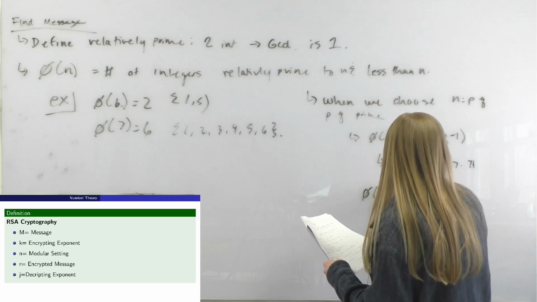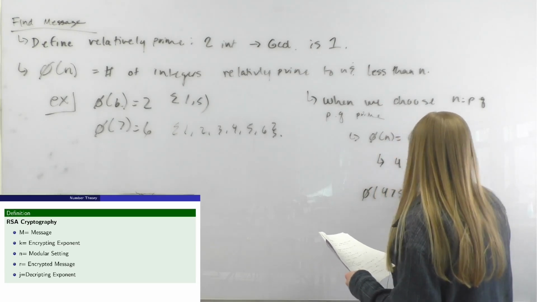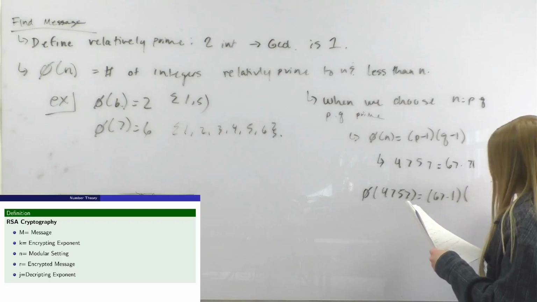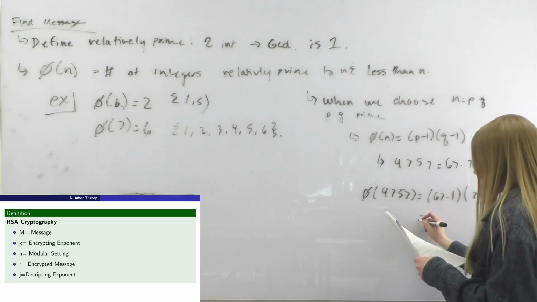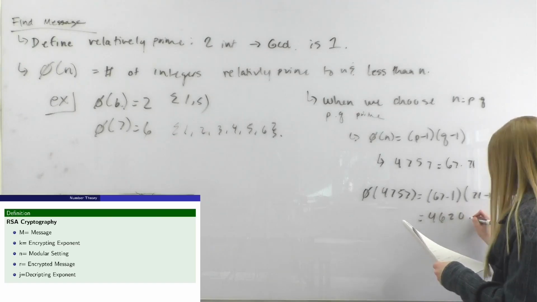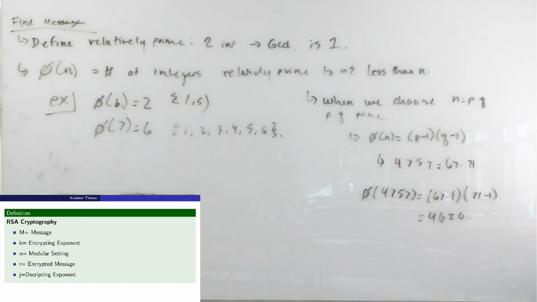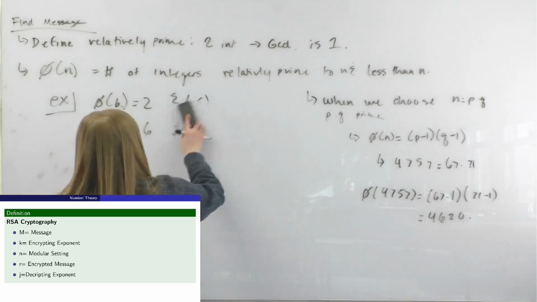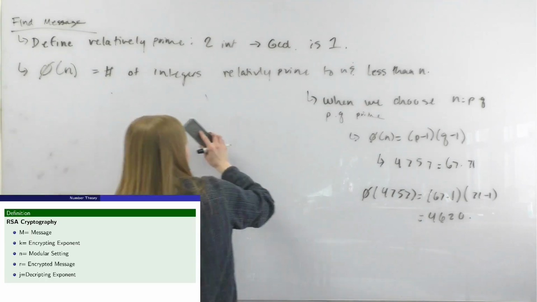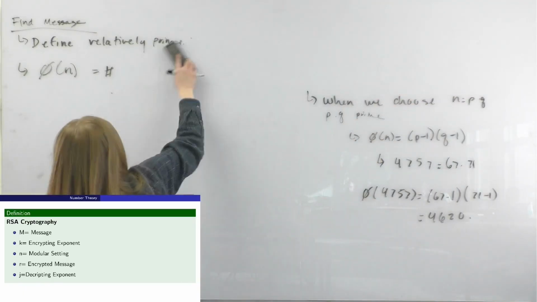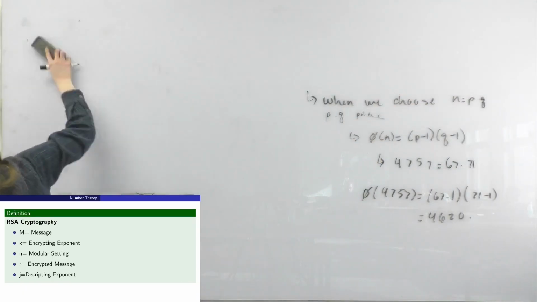So phi of 4,757 is 67 minus 1 times 71 minus 1, which is 4,620. Okay, and then I'm going to erase this.